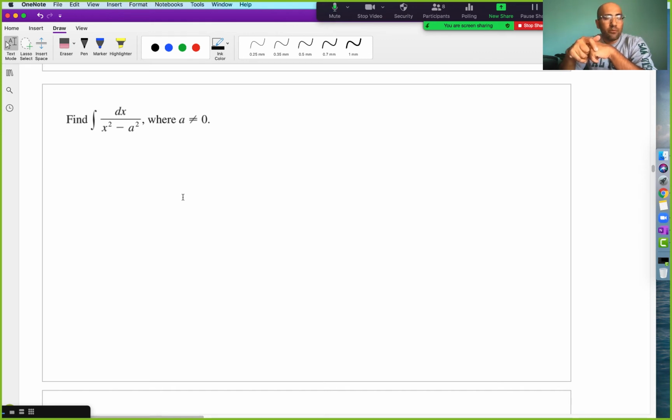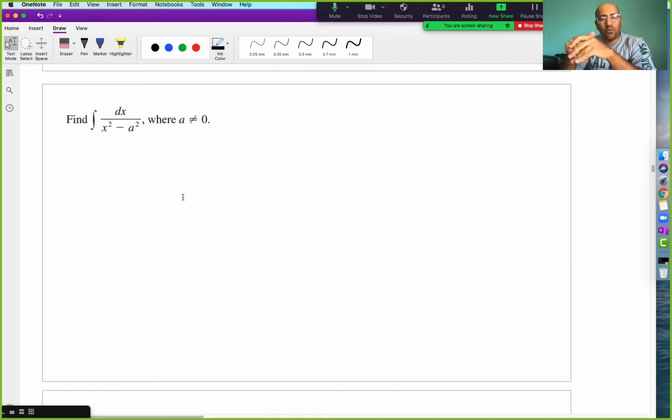In the previous method, we looked at things that were similar to this one, where maybe there is a proper substitution of x, like x equals a sine theta, might be a good guess. But if you note in the previous section, those all involve roots, the square root of x squared minus a squared.